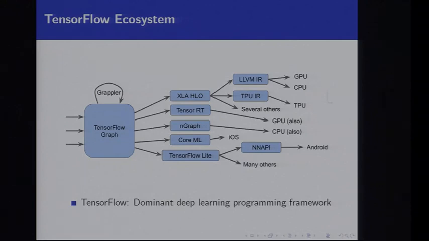For all the different targets that TensorFlow supports, CPUs, GPUs, Google's TPUs that are used on its cloud, there are different pieces of infrastructure and different intermediate representations used, and people are replicating and duplicating optimization infrastructure all over the place. So this is a serious problem that we face today.